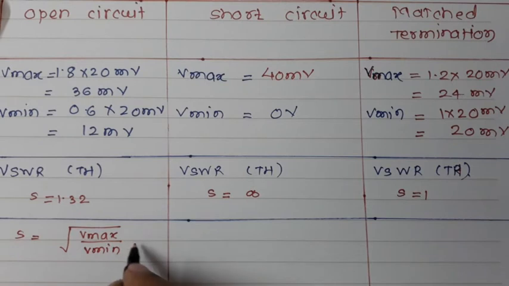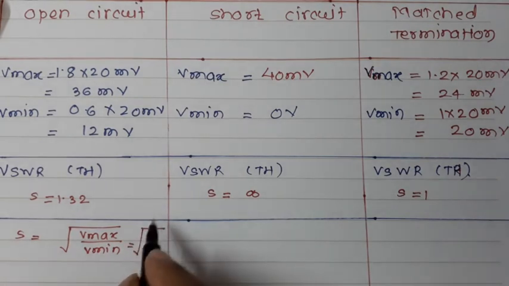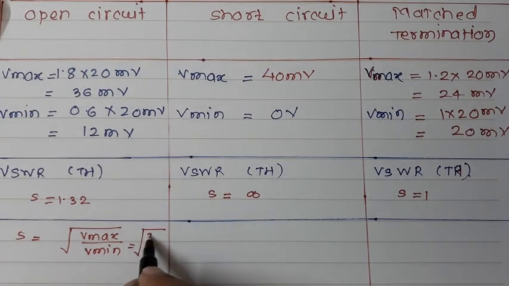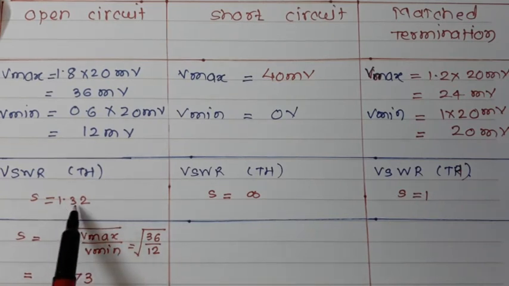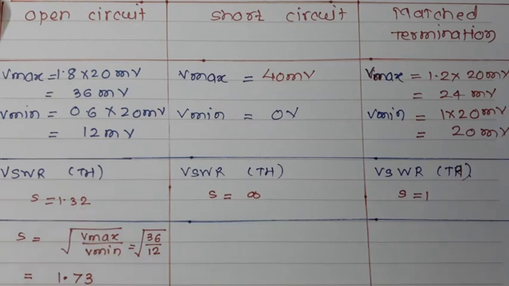If we put in the values we found for the open circuit condition, 36 divided by 12 millivolts comes to 1.73. Theoretically we have got 1.32 and practically we have got 1.72.